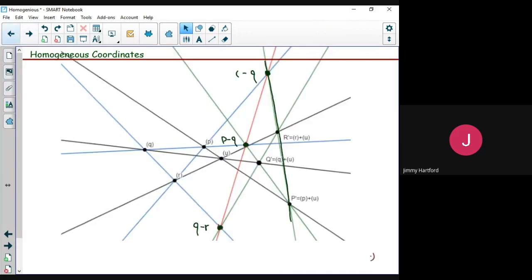So indeed, these 3 points are all on one line.